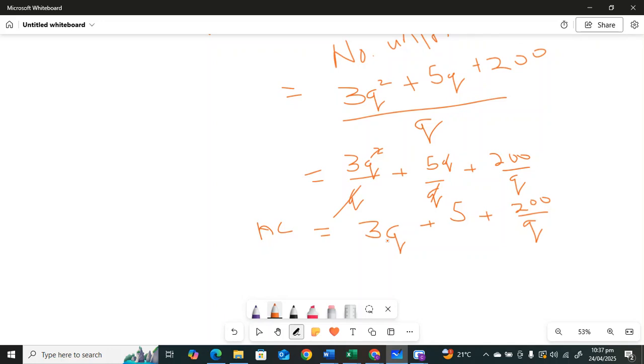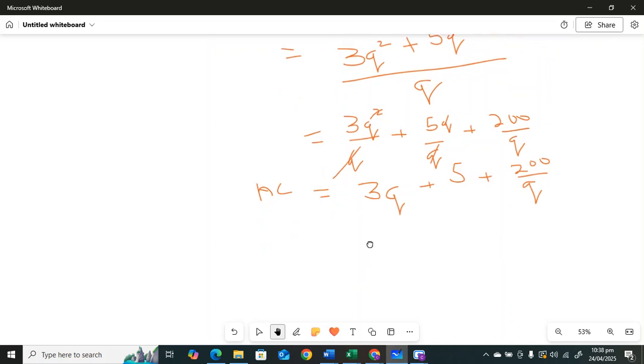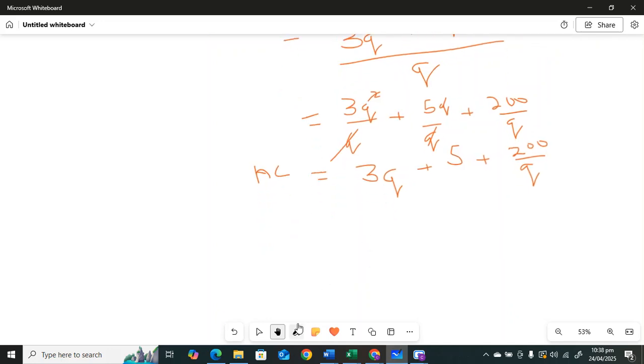So the next thing we need to do is derive this function. Once we derive this function, we'll set the equation equal to 0 so that we can find the value of Q. So colleagues, this time it's not X, it is Q that we are deriving.